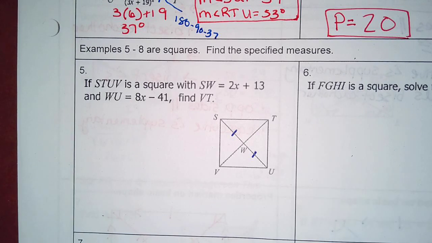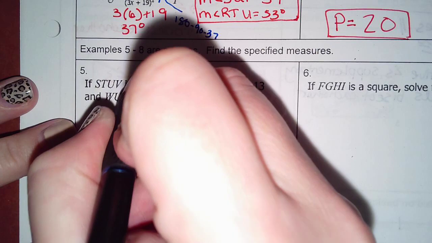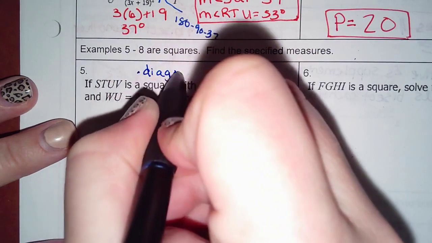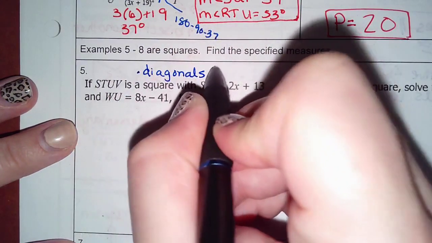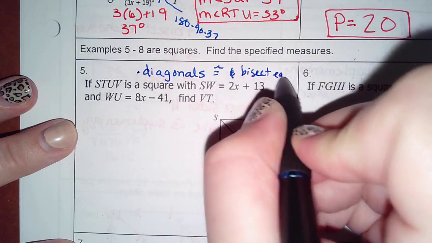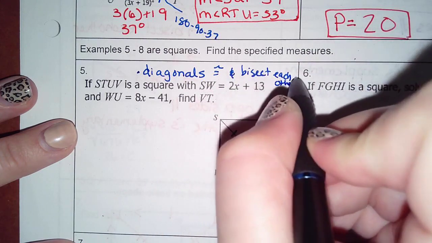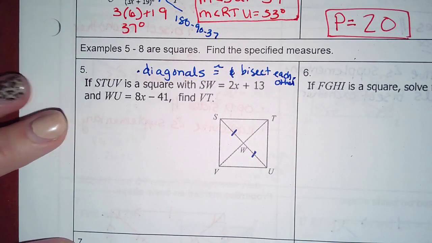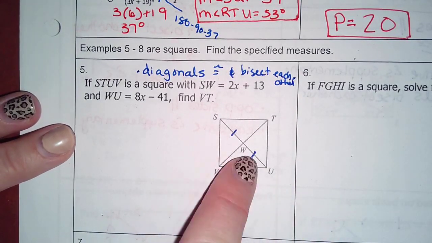Okay, so remember in a square, the diagonals are congruent and they bisect each other. All right, so I'm going to go ahead and set SW equal to WU.